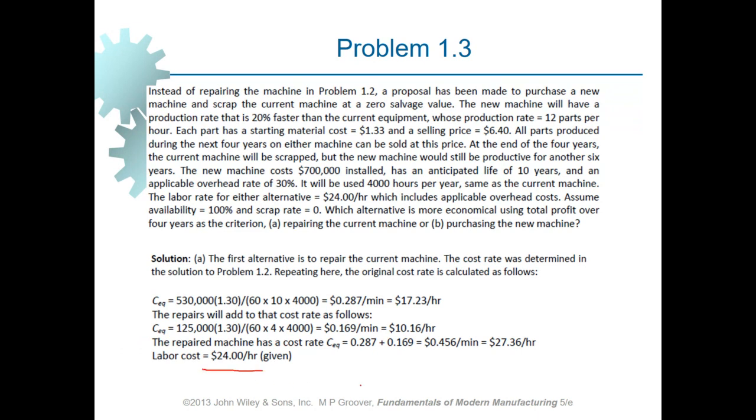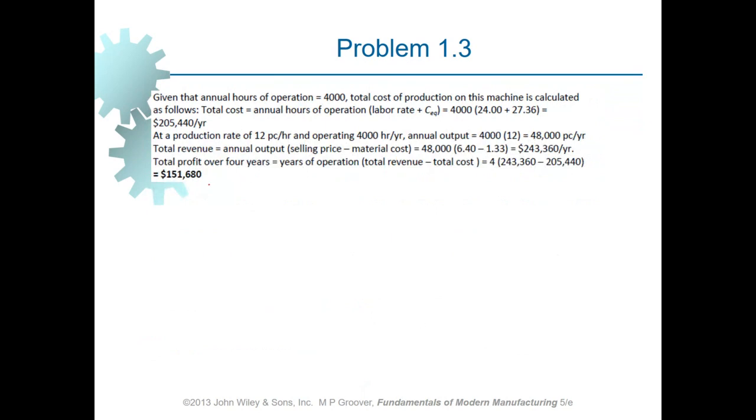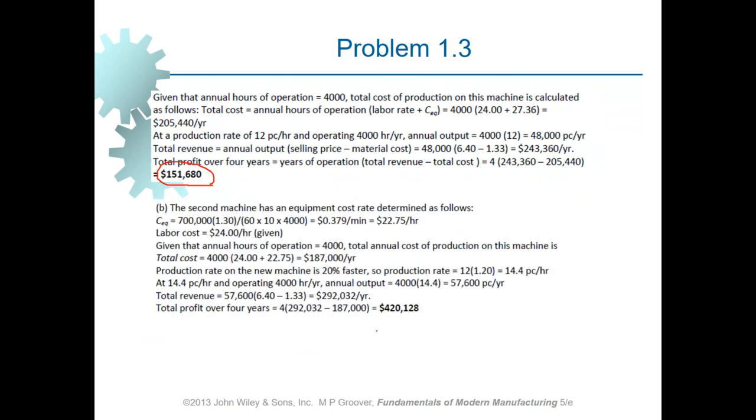If we know the labor cost, which is equal to this much, then what we need to do is the computation of the profit that will be made in 1 year if we repair the old machine. This is the profit that we will be making if we repair the old machine, against the profit that we will be achieving if we buy the new machine, and it's this much.